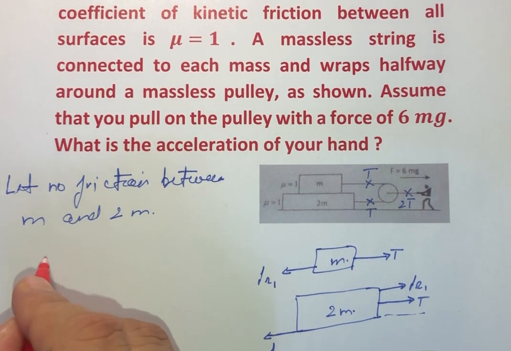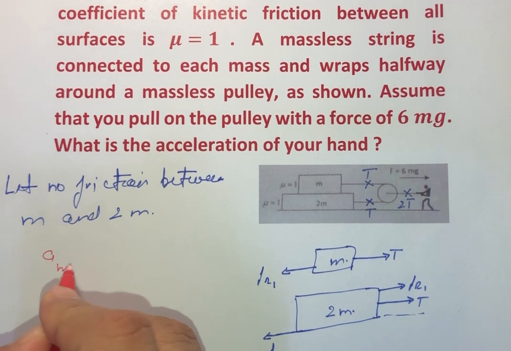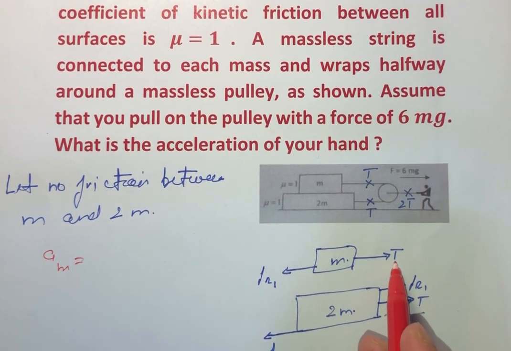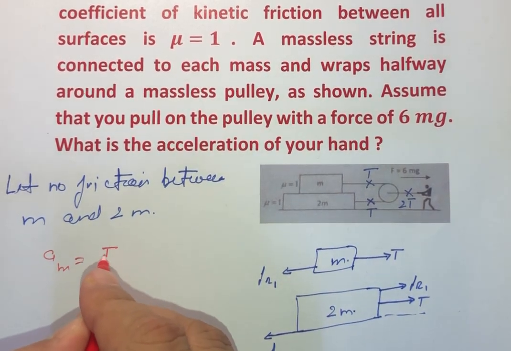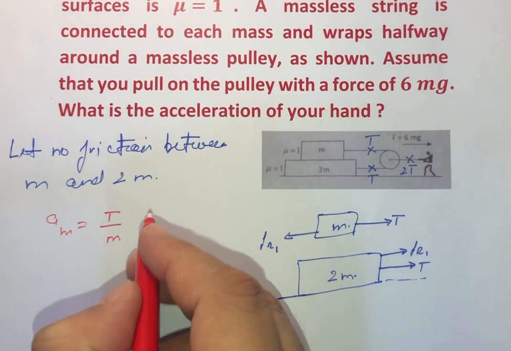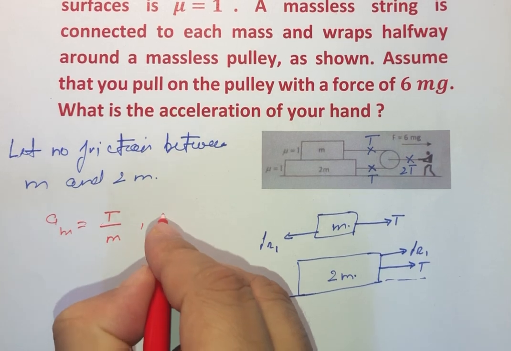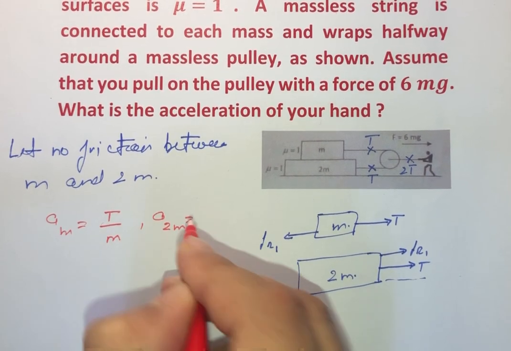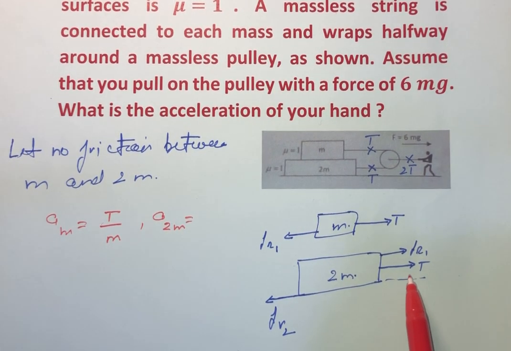The acceleration of m will be equal to the force, which is tension T, divided by m, and the acceleration of 2m will be given as T minus FR2 divided by 2m.